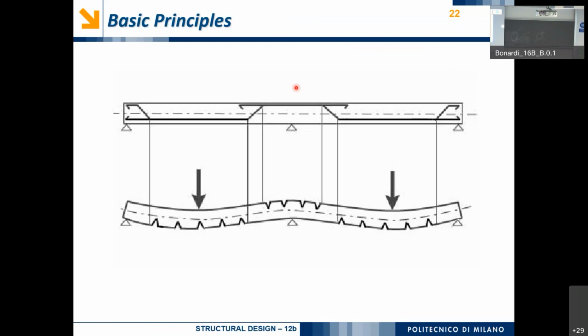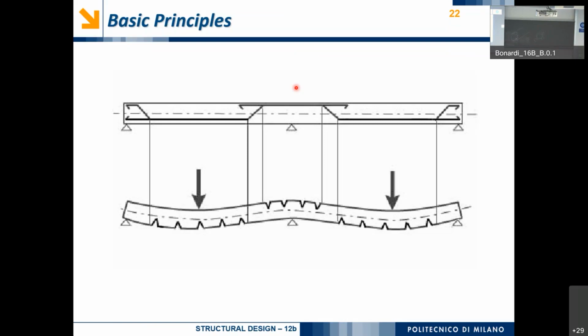Are we scared about cracks? They are not something good usually, but concrete simply does not undergo tensile stresses. So when there is a tensile stress, it cracks. That's how the material works.